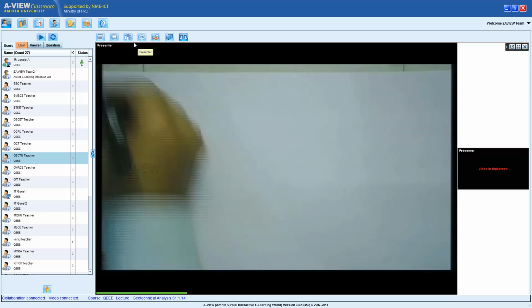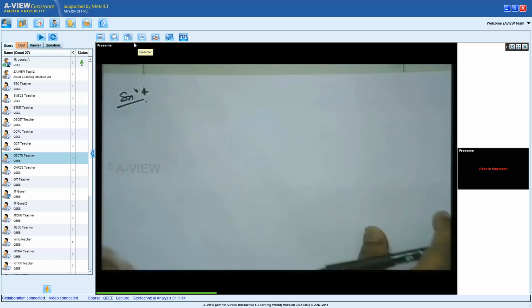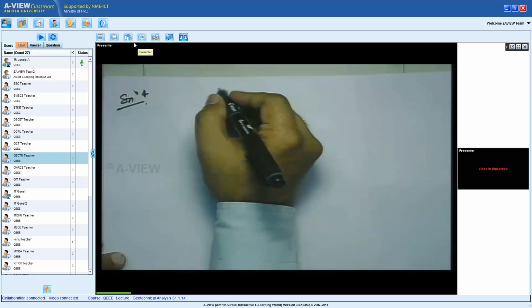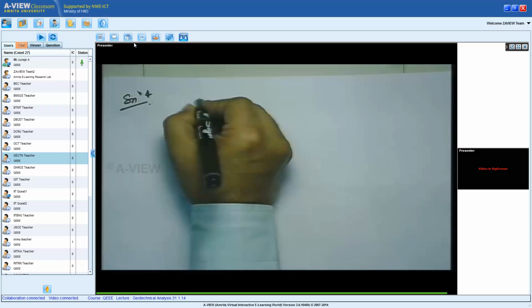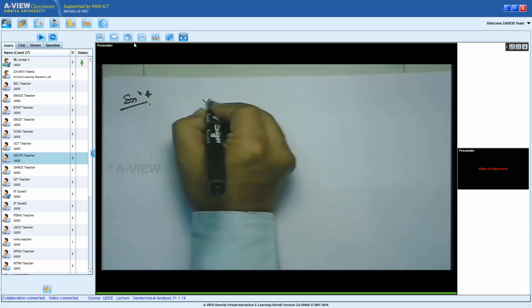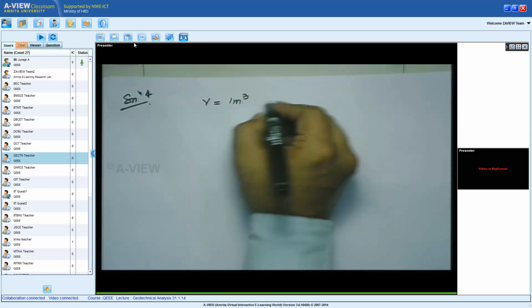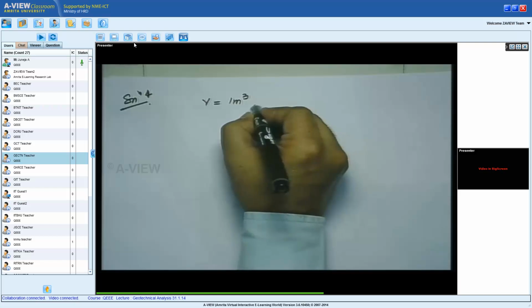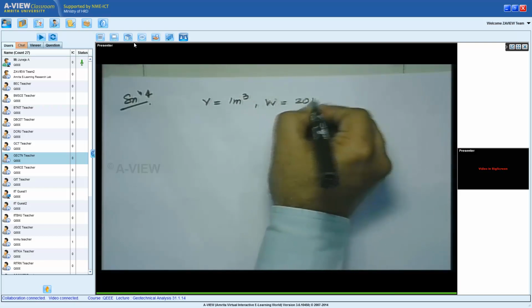Okay, the first question. It says that the volume of the soil is given. Remember, I'm going to just sketch the answer quickly. The total volume of the soil is given as 1 meter cube. The total weight of the soil is given as 20 kilonewton.